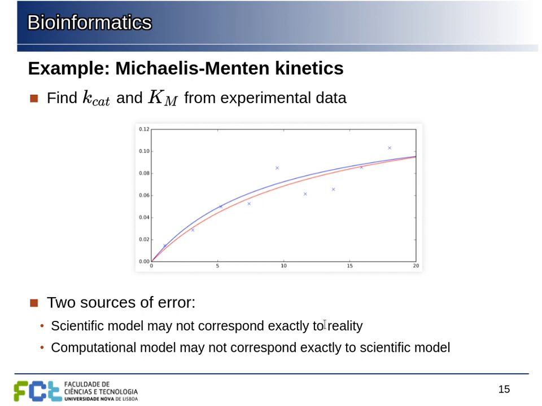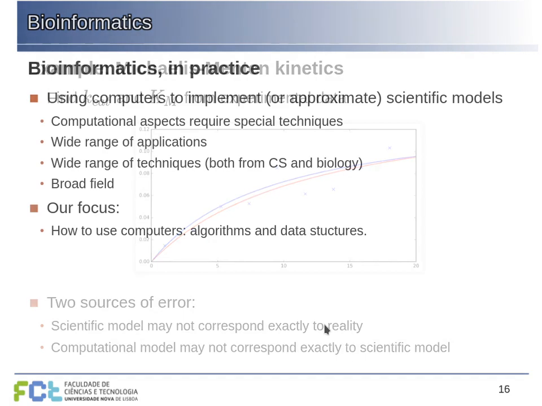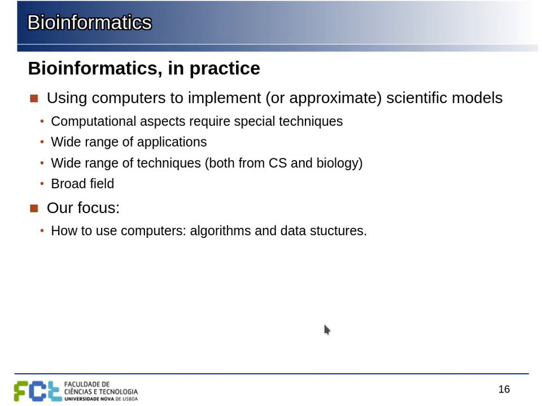We may have to do some further approximations or further assumptions in order that the model is computable. So in bioinformatics, we are trying to use computers to implement and run our scientific models, but we often need to approximate the scientific models in order for them to be computable.